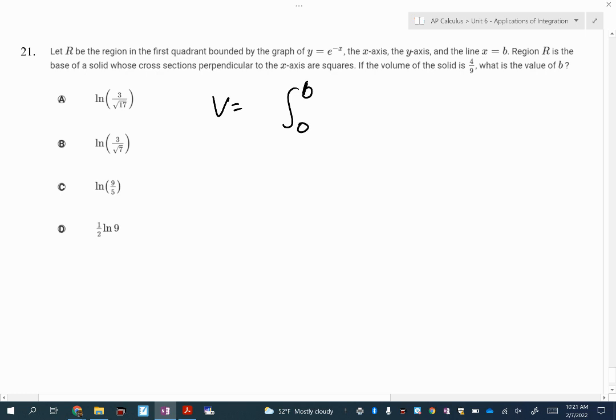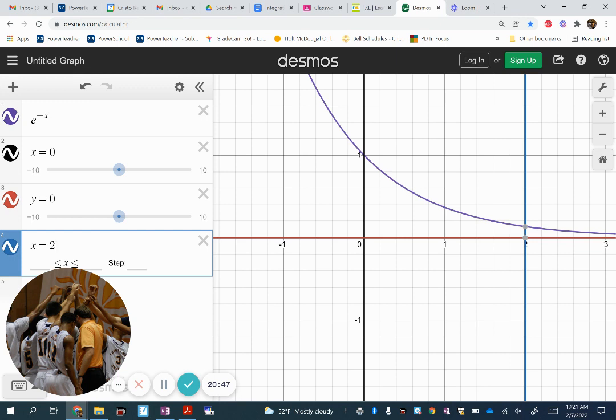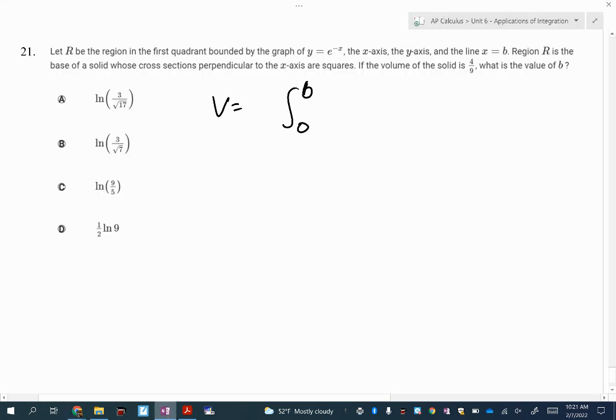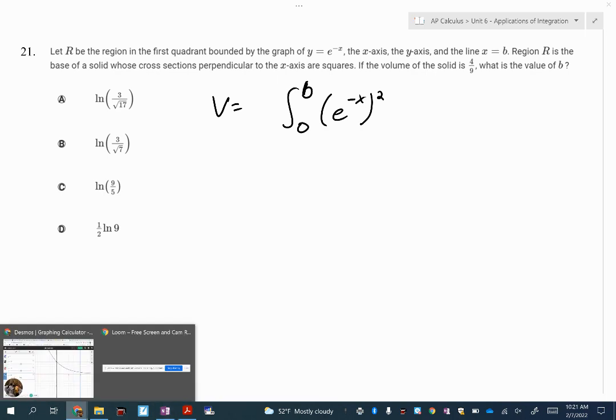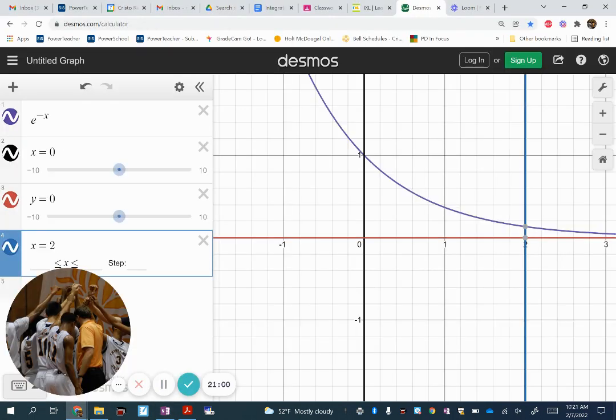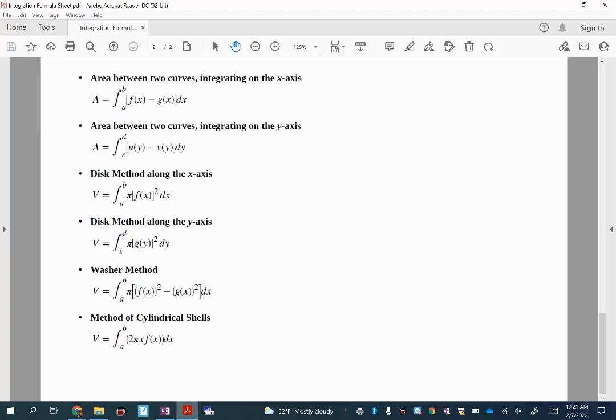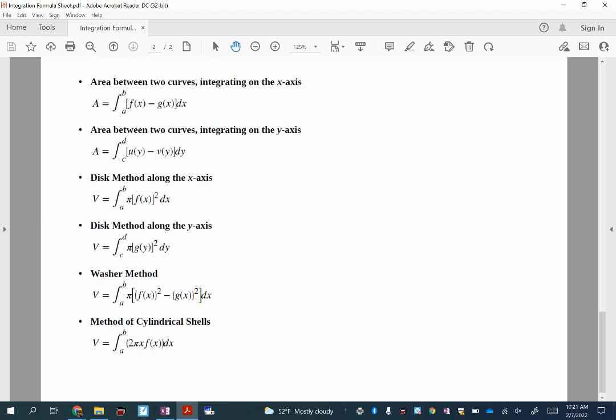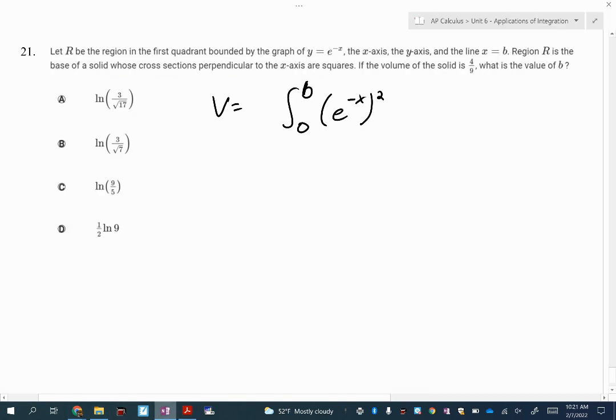If you look at my sketch on Desmos, I put 2 for b, but I don't know what it is. So 0 to b, and then we have our e to the negative x, all of that squared. Because if we look at our sketch again, this is our function e to the negative x. We're using that formula that says that we should square it, and then we are going to put dx.